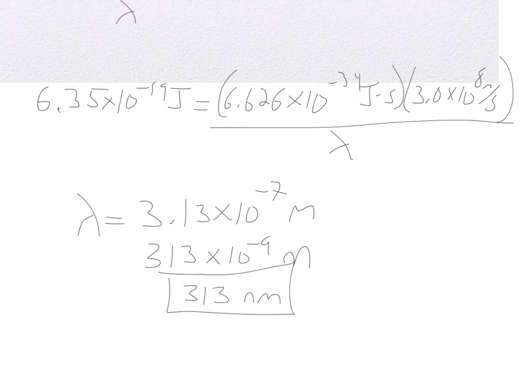You can do a normal conversion, but I'm just showing you some visual ways to look at it. That is a smaller wavelength than our visible light, which ends at 400 in the purple range, so this is definitely in the ultraviolet range. Not that that was part of the question, but we can see where that falls.